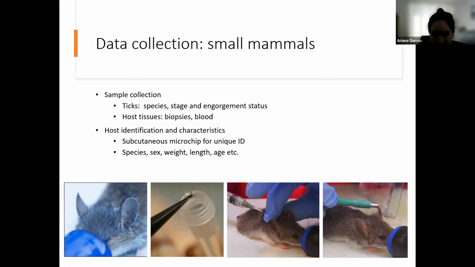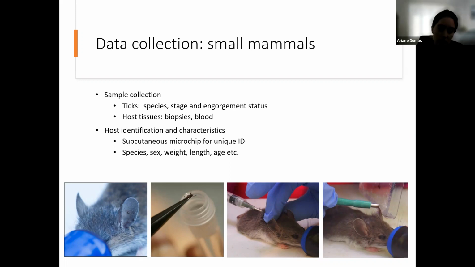In the picture in the center, you can see a subcutaneous microchip injection. Microchips were used to mark the animals individually. For example, when you need to do density estimates, you have to give every animal a unique identifier number.